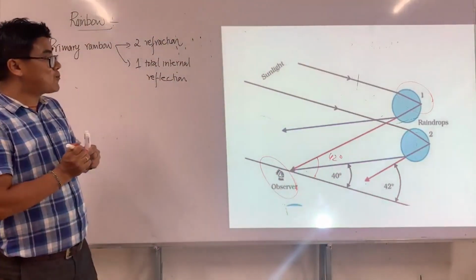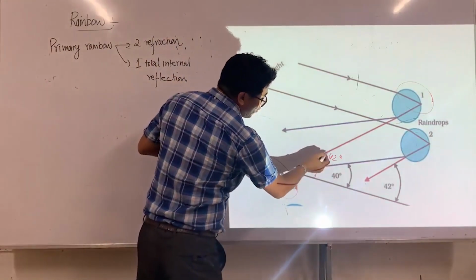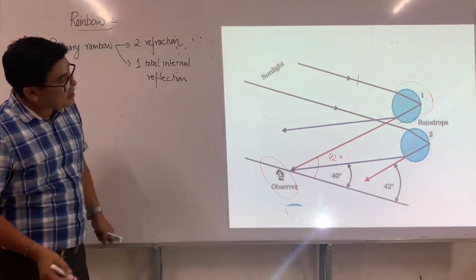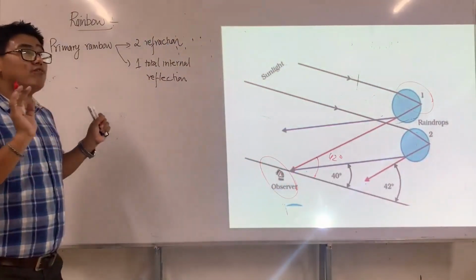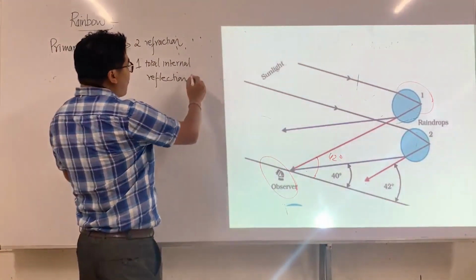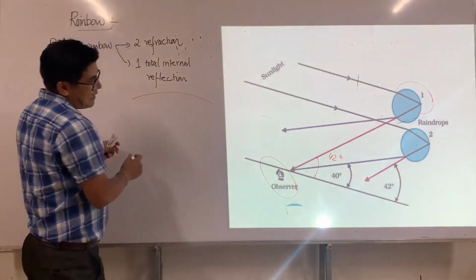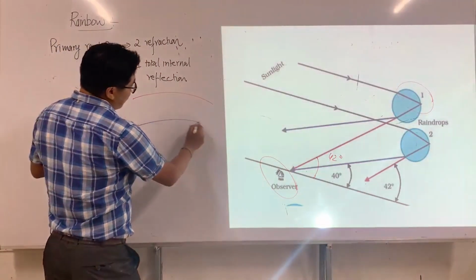Therefore you can observe a rainbow within this range, 40 degrees to 42 degrees. All other colors lie between these two. So when you observe a primary rainbow, we normally see red first, then followed by indigo and the rest, then finally we see violet.